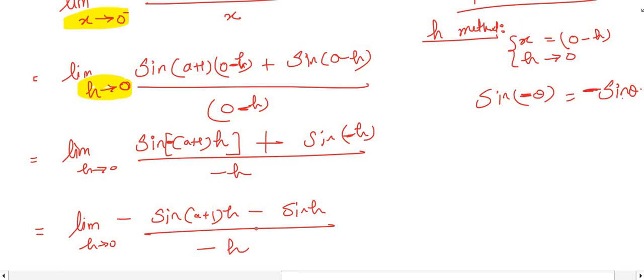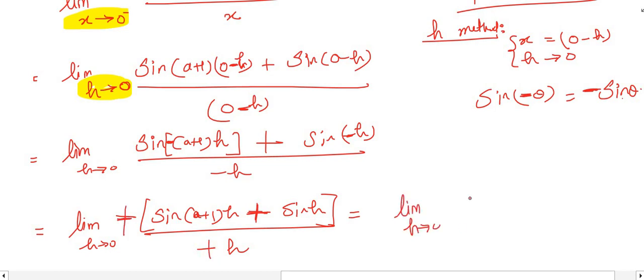So now can I take this minus common here, upper? If the minus is taken common, this will become plus, correct? So now this minus and this minus will become plus, okay?